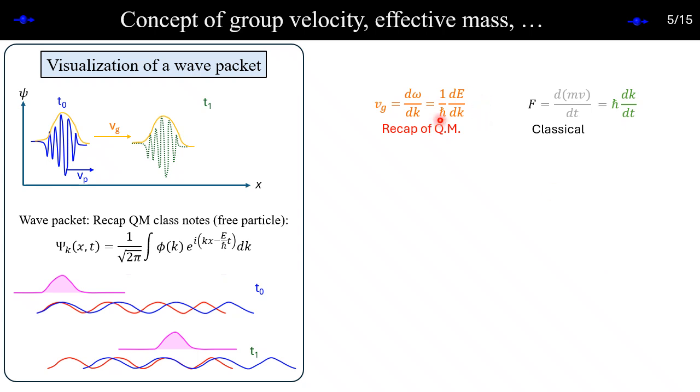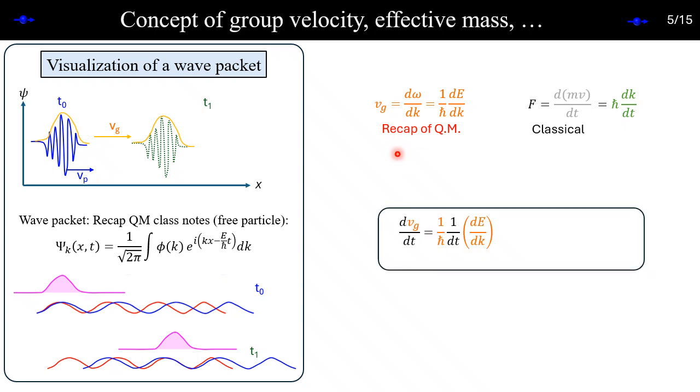Now you already know the E versus K relation is given, and you know the group velocity. Very simple. If I give you a function for EK, you can get Vg, and note that this can be a function of K. That's step number one. Now we'll try to derive something.